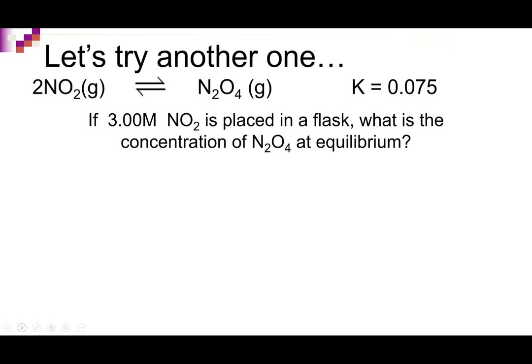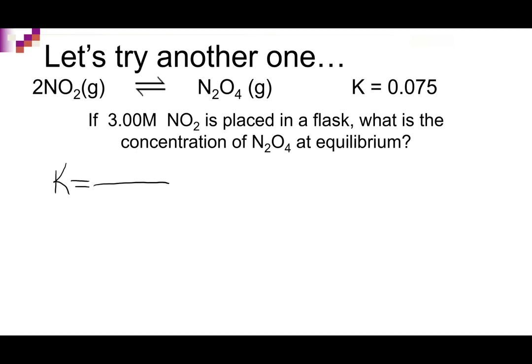All right, so to solve, we're going to take our equation for K. So K is concentration of products over concentration of reactants, and remember, that's squared. I'm just going to plug it right in here because I'm going to need as much room as I can possibly have.